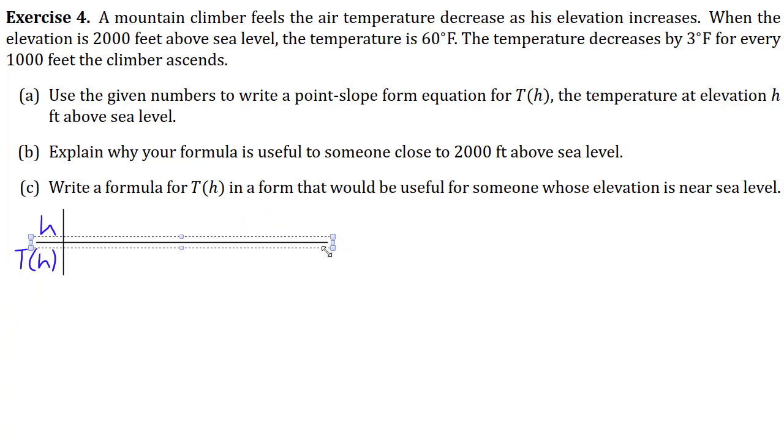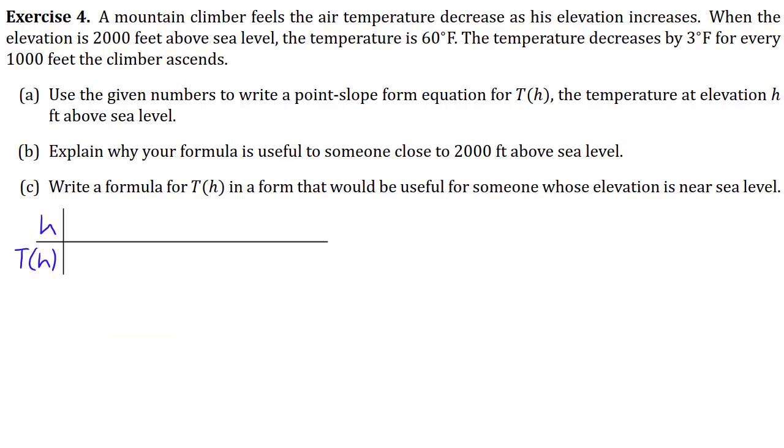So h is the feet above sea level, the elevation. If h is 2,000, then the temperature is 60 degrees Fahrenheit. So we've got that. What else do we know?